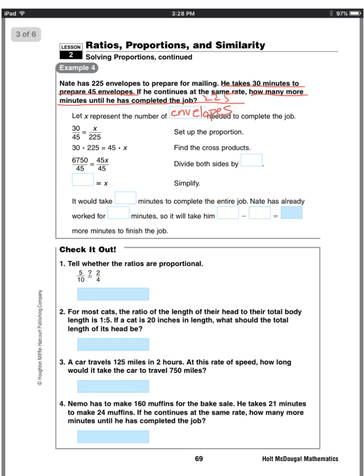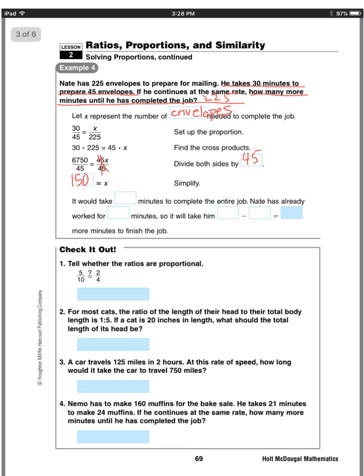Then we're going to find the cross products of 30 times 225 and 45 times x. We get 6,750 equals 45x, and we have to divide both sides by the coefficient of 45. That cancels these out, leaving us with just x, and 6,750 divided by 45 is 150.